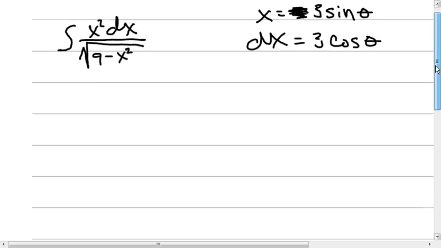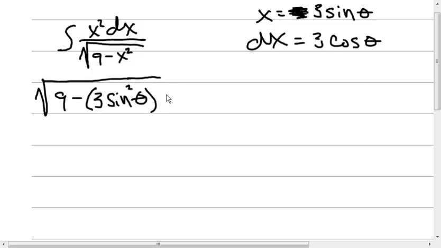Before we can fill out this form, though, we've got to think about what this denominator is going to become. We know right now it's going to be the square root of 9 minus quantity 3 sine theta squared.